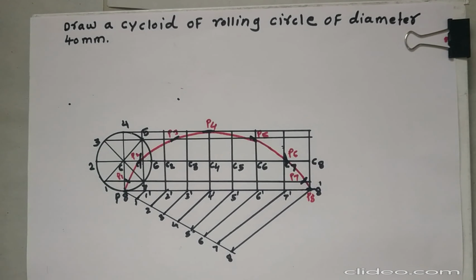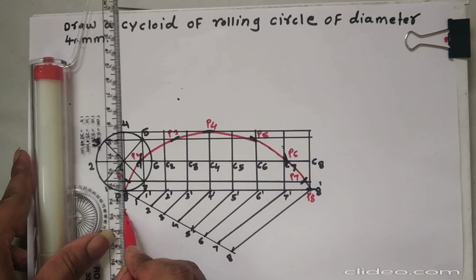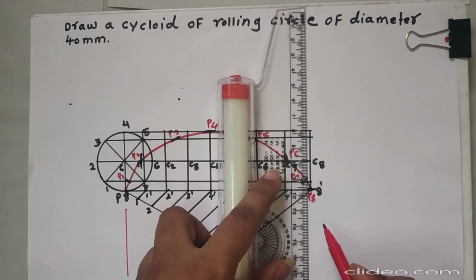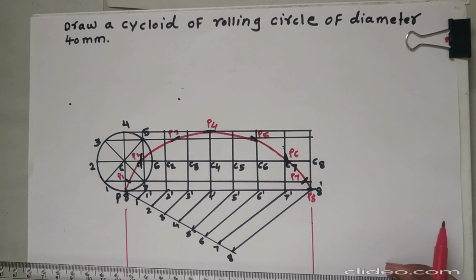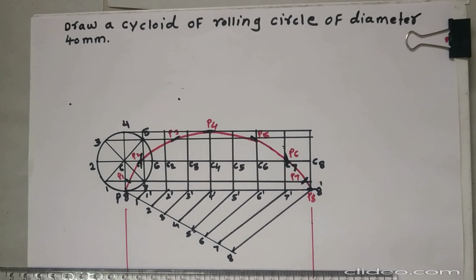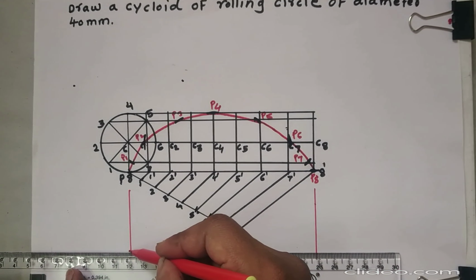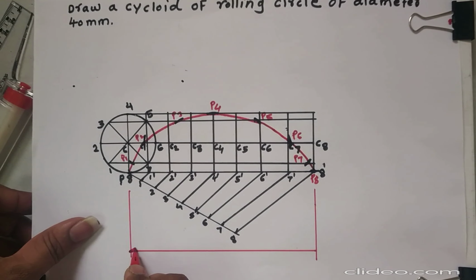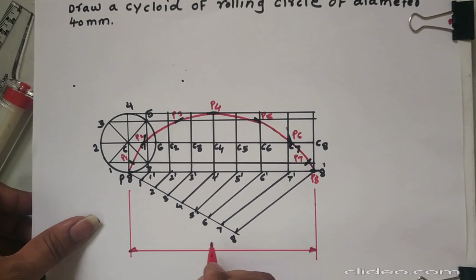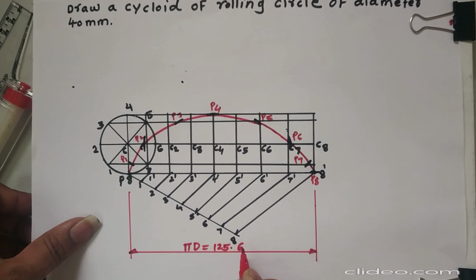After that we need to mention the dimensions also. First we will mention the directing line distance. How much is it? It is pi d. Use the arrowhead. So pi into d is equal to 125.6.